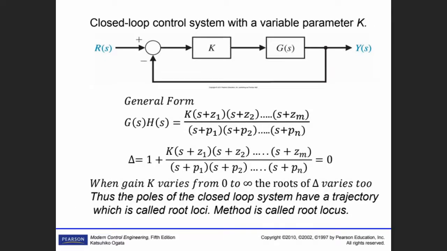These are the figures I have shown you. So this is G(s)H(s), and delta is equal to 1 plus G(s)H(s). Therefore, you write like this, and if you multiply both sides with the zeros, you obtain this function.